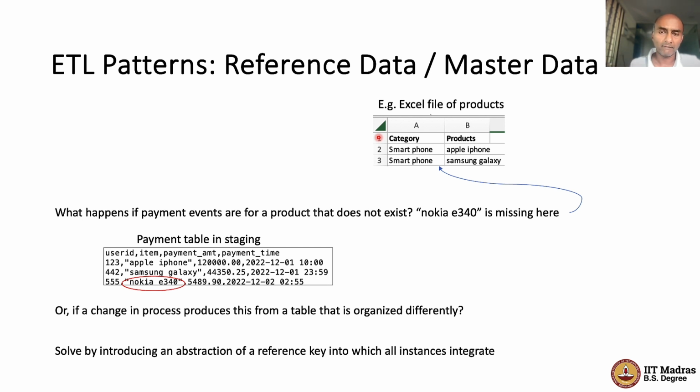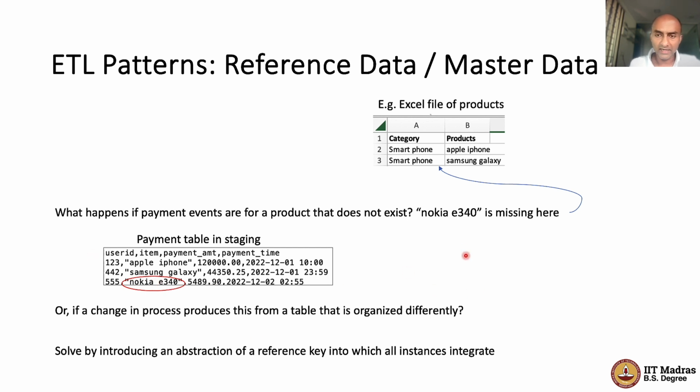And when you do that, every single product and its version will get assigned a unique key. So the reference key becomes the primary key for that particular reference data. And any specific reference to that product name in the main event table will get replaced by the reference key.